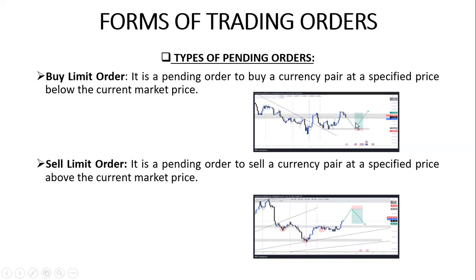So it is just the opposite of the buy limit order. The buy limit and the sell limit are just opposite of each other. Price has not gotten there yet, but you have done your analysis and you predict that price will come there and reject to the opposite. I hope that is clear.